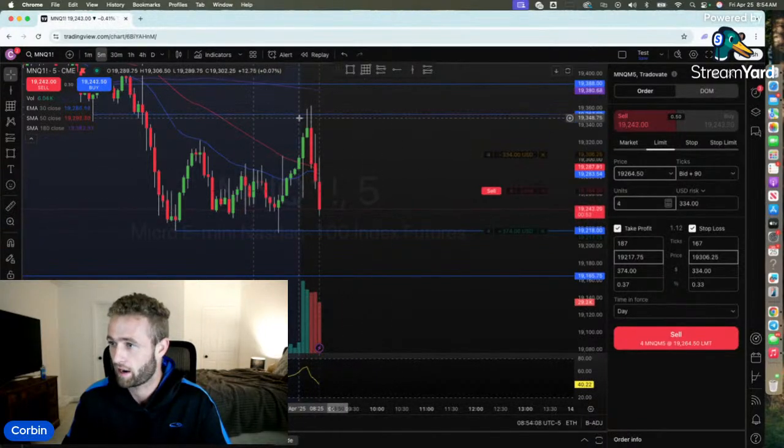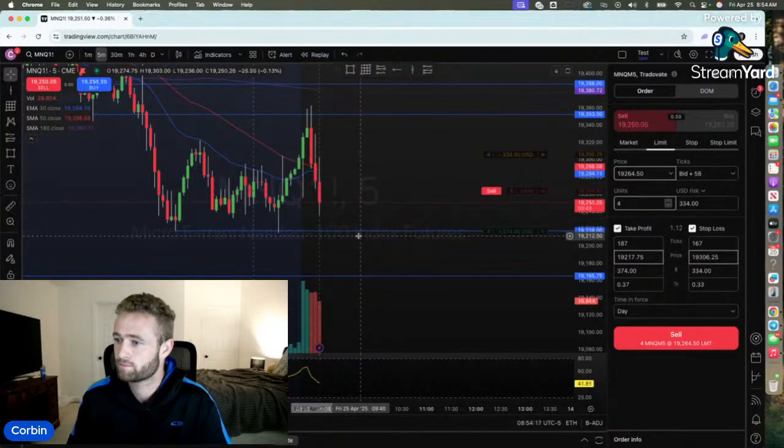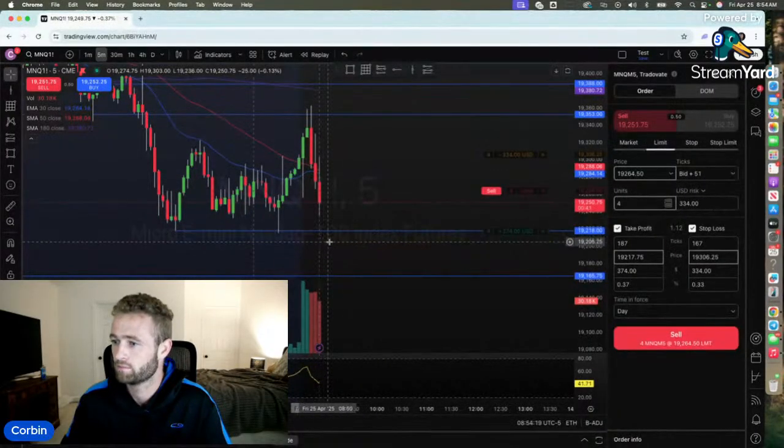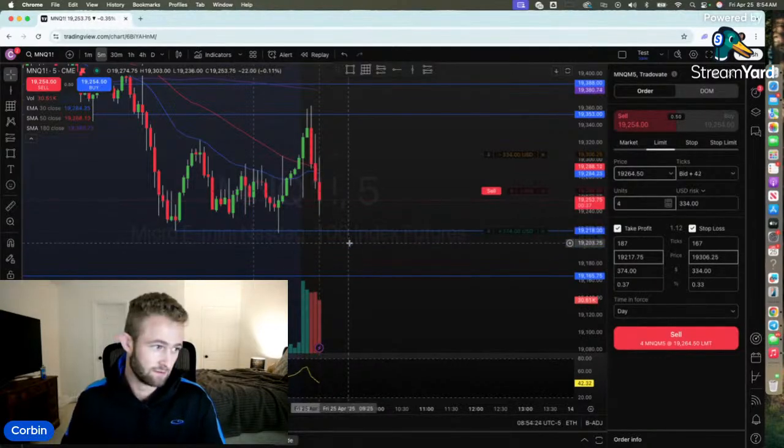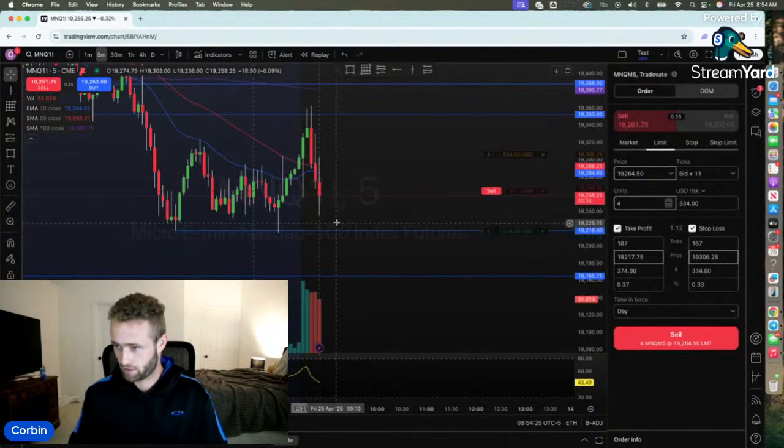Like I said, if I could have traded right up here at this level, I would have. That would have made a phenomenal trade from this resistance to the support. But I'm not going to disrespect the timing of the market because it's super, super volatile first thing in the morning.